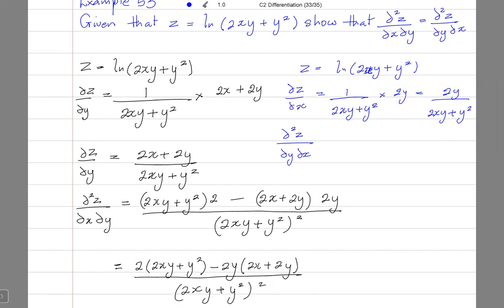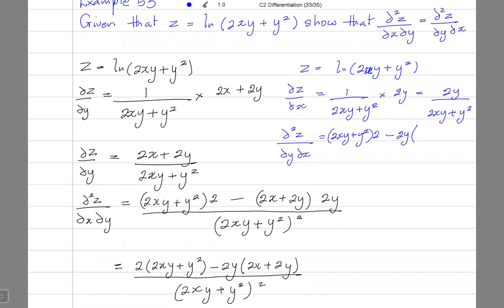All right, so now we're going to differentiate partially with respect to y. This is a quotient, so we have to apply the quotient rule. It's v, which is 2xy plus y squared, multiplied by the partial differential of the numerator 2y with respect to y, which is 2, minus the numerator 2y times the partial differentiation with respect to y of the denominator.